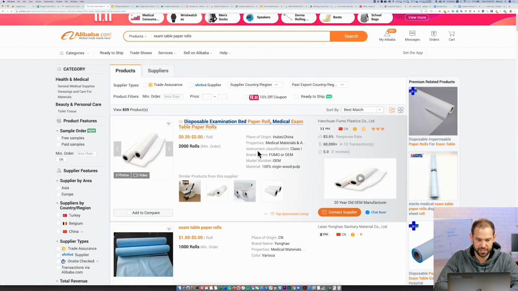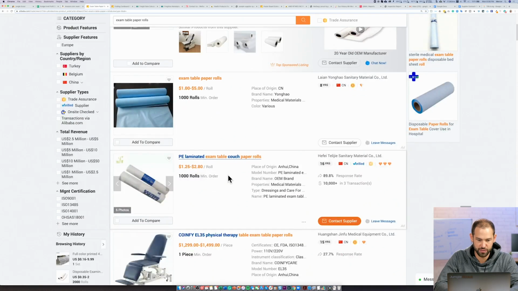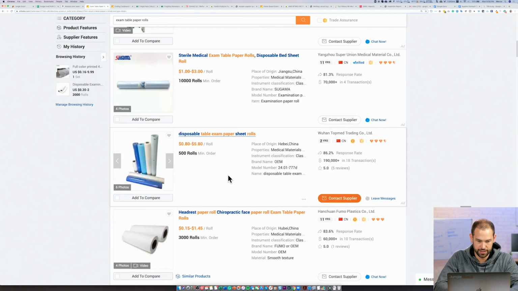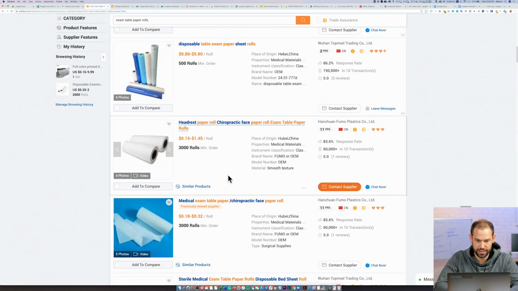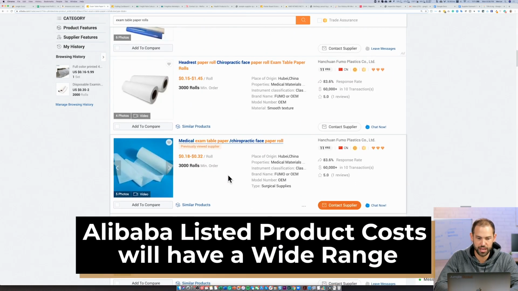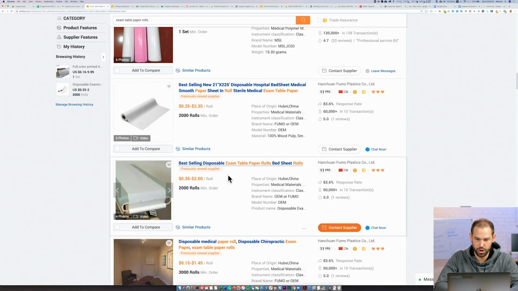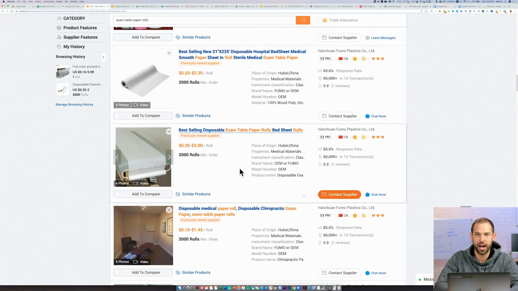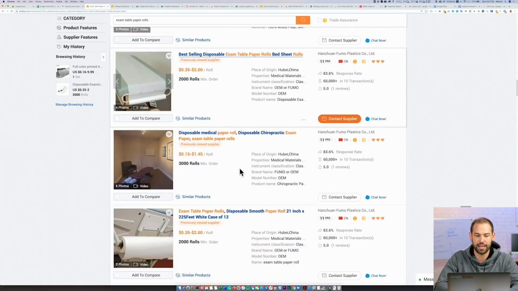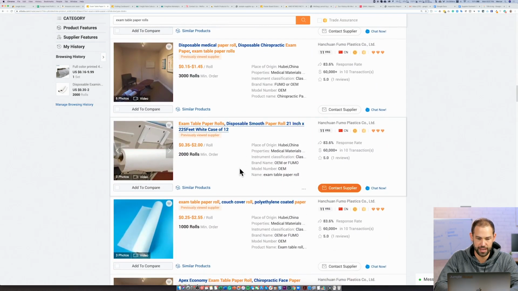So here I'm seeing 35 cents to $2, $1 to $5, $1.25 to $2.80, $1 to $3, $0.80 to $5.80. So you can see there's a pretty wide range here, right? So 25 cents to $2.35. So it obviously depends on the length of these and the width and everything else.